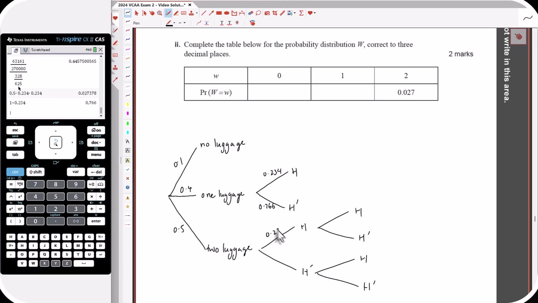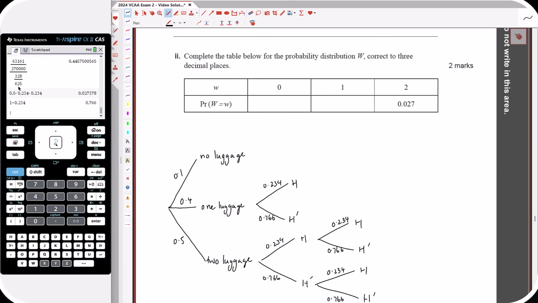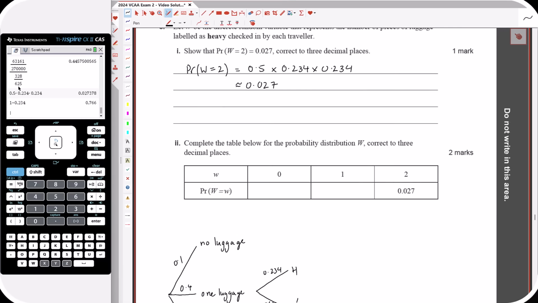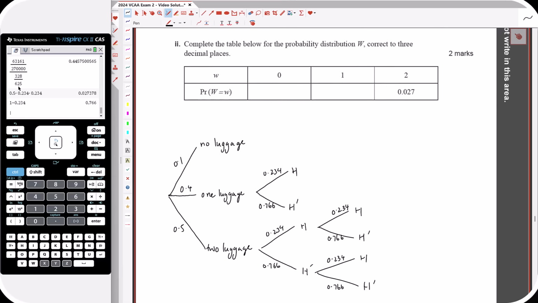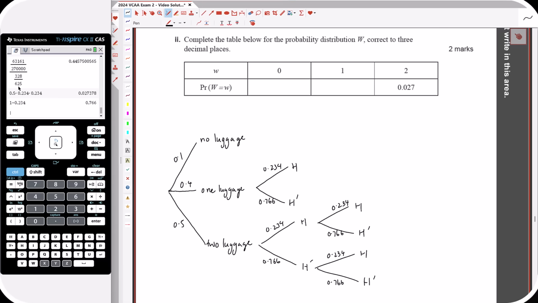So 0.234, 0.234, 0.234, 0.766, 0.766, 0.766. Okay, so we already know the probability of W equaling 2 is 0.027. That's the probability that a traveller checks in two heavy bags.